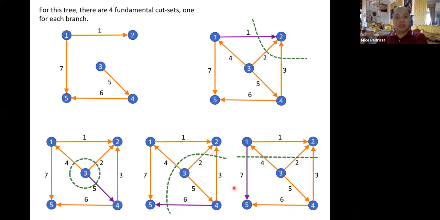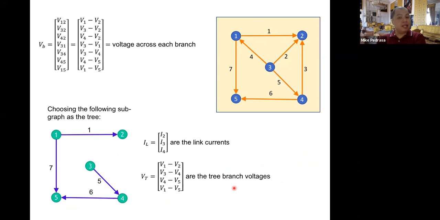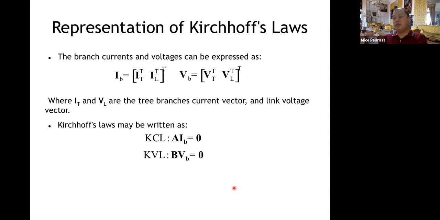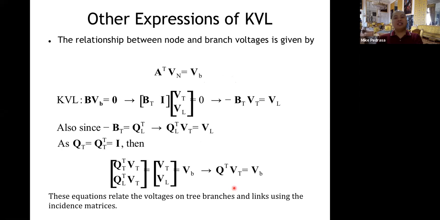Okay? So, dami-dami nating pinag-usapan, and we are simply explaining KVL that way, and KCL these ways. These are other expressions for KVL and KCL. This is another expression for the KVL here. So essentially, it's just a relationship between the node voltages and the branch voltages.